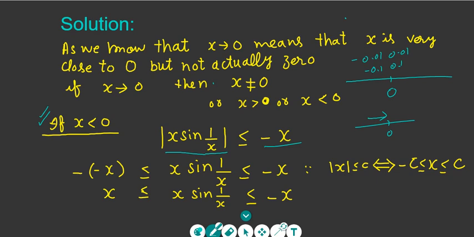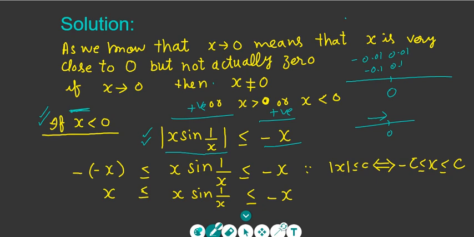Here x is negative, so for making it positive we multiply x by minus. As we know, the relationship between two positive quantities is always less than or equal to. Due to absolute value this is always positive, but here we are taking the negative value of x, so we multiply it by minus, so the relationship between them is always true.